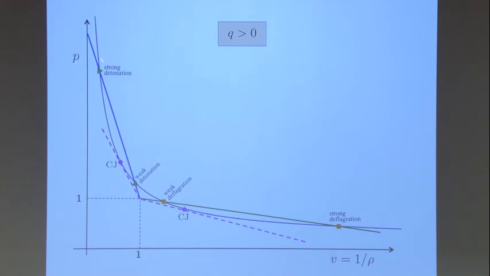And so clearly, this slope can decrease, but not below the purple line. In other words, the purple line is the lowest mu that you can have for a solution to exist. And that corresponds to when the two solutions coalesce and the Rayleigh line is tangent to the Hugoniot.